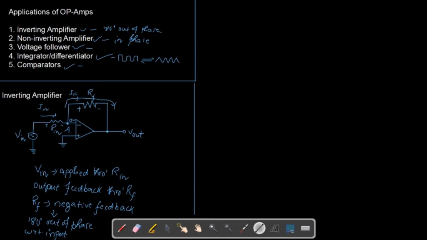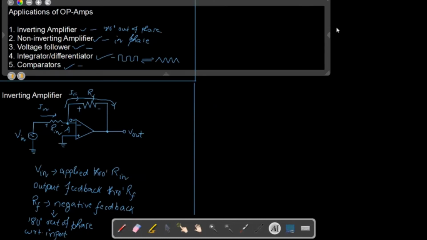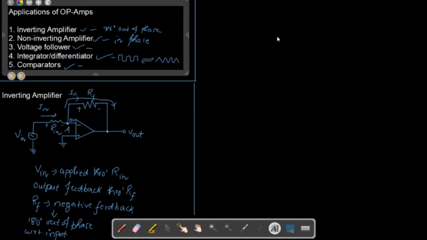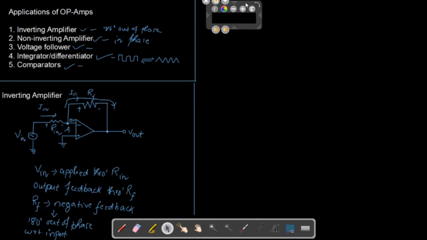Whenever you're explaining the inverting amplifier, you have to draw this circuit and explain these parts. In general we can say that the input impedance is very high, which we already know.